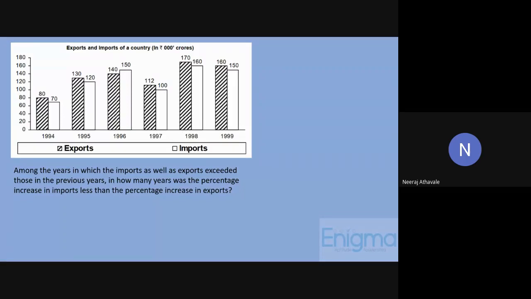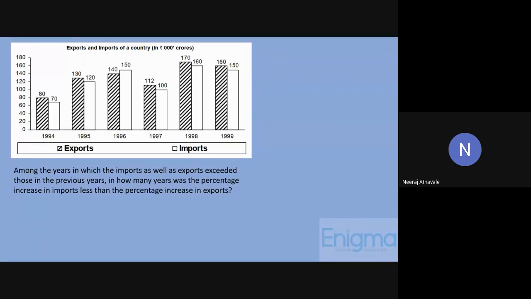Yosh, which year are you getting? 95. Is it correct? Check. Is the percentage increase in imports less than the percentage increase in exports? 96.